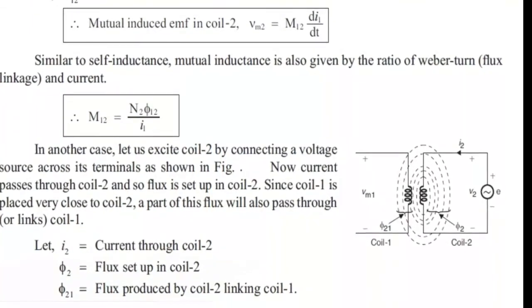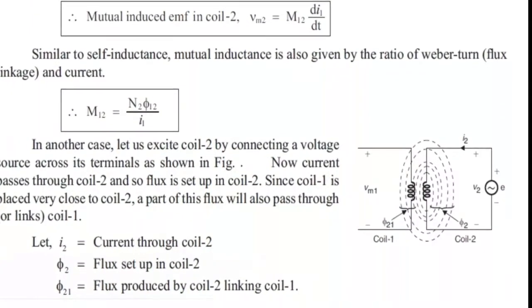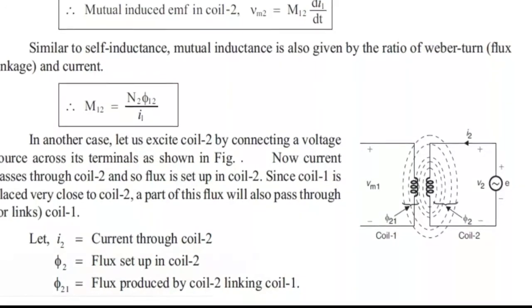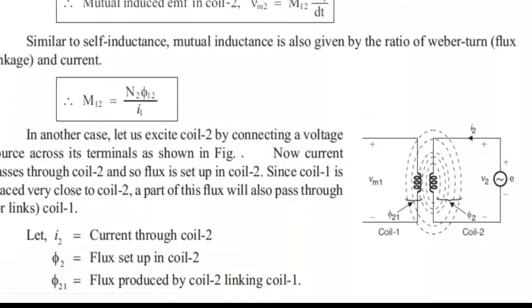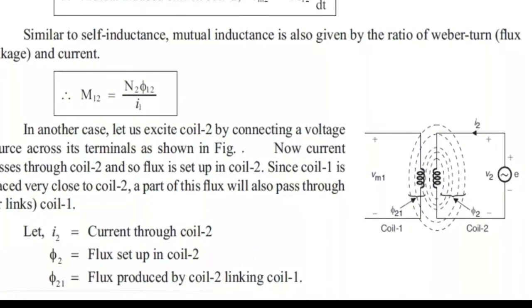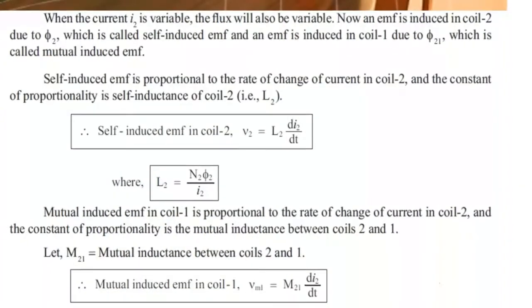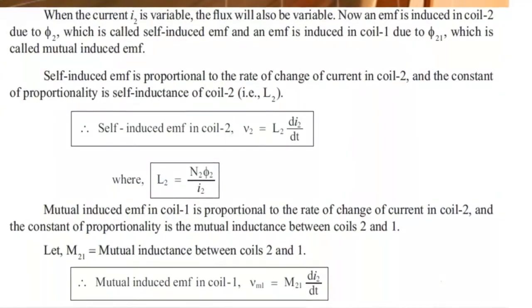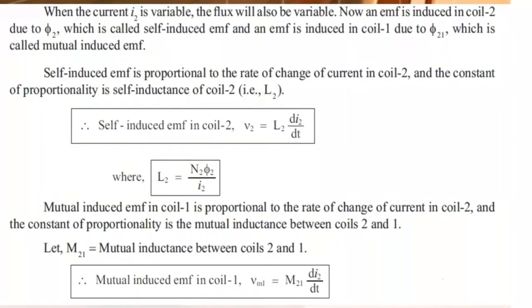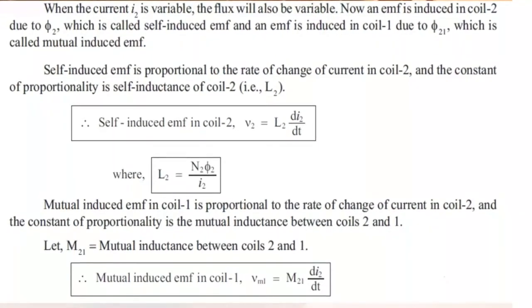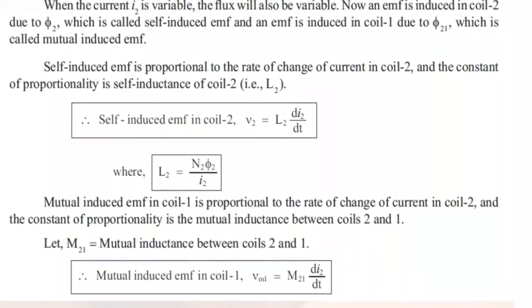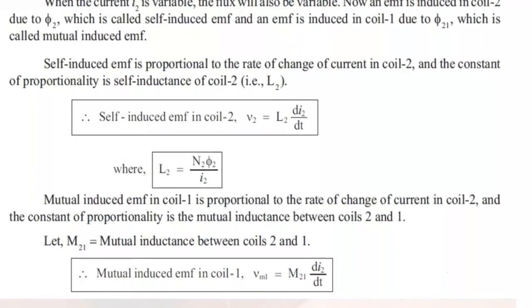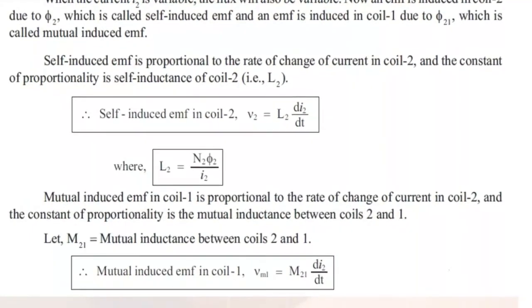Similar to self-inductance, mutual inductance is given by M12 is equal to N2 phi 12 by I1, because M12 happens due to phi 12. Similarly, let I2 be the current in coil 2, phi 2 the flux set up in coil 2, and phi 21 the flux produced by coil 2 linking coil 1.